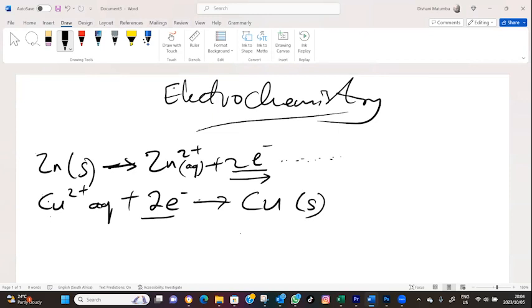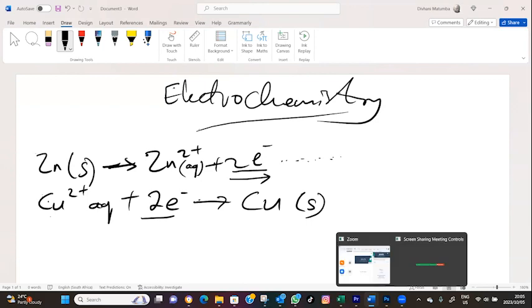However, I did not explain why these two reactions are the ones that are likely going to occur instead of, let's say, for instance, copper releasing two electrons to form part of the solution. I just want to explain why zinc is most likely going to lose electrons.